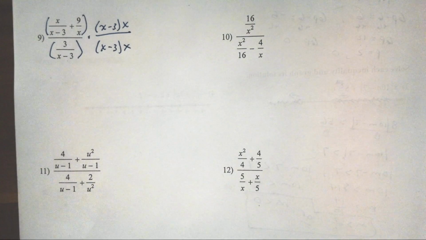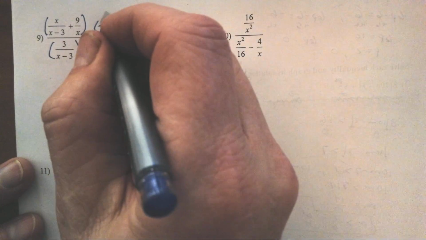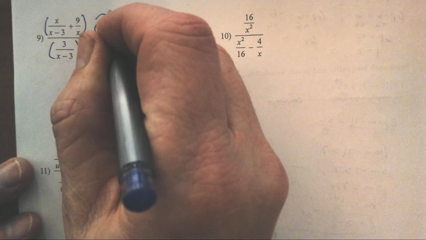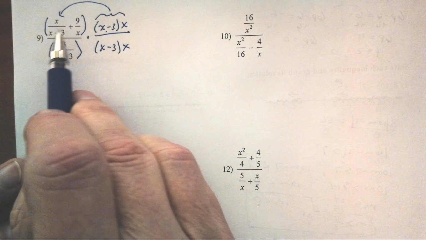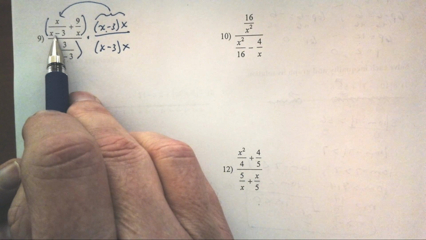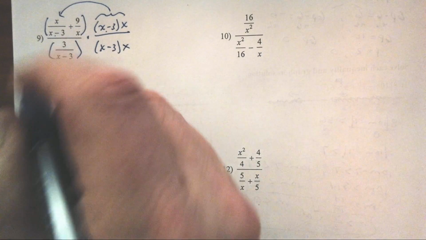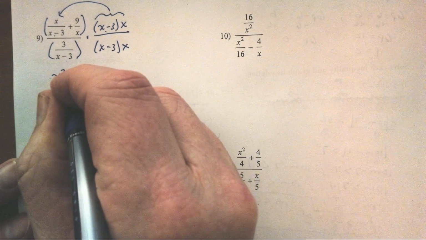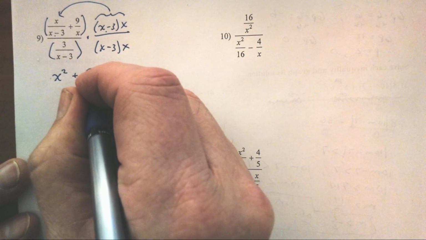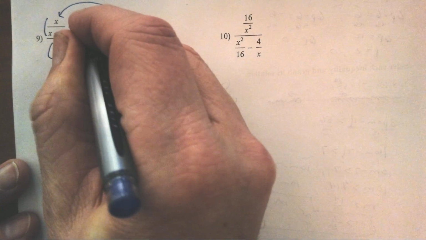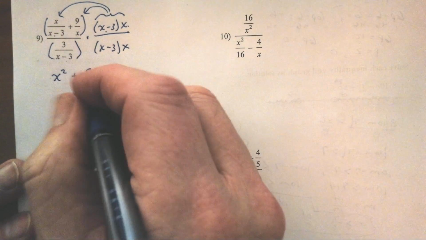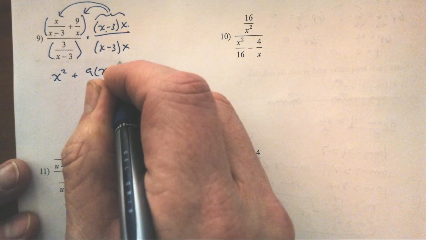We'll still maybe have a little bit of algebra to do. When I take this whole package and distribute it to this term, the x minus 3 cancels the x minus 3, and I get an x times an x plus the 9. When I distribute this whole package to this term, the plain old x's cancel, and I get 9 times x minus 3.